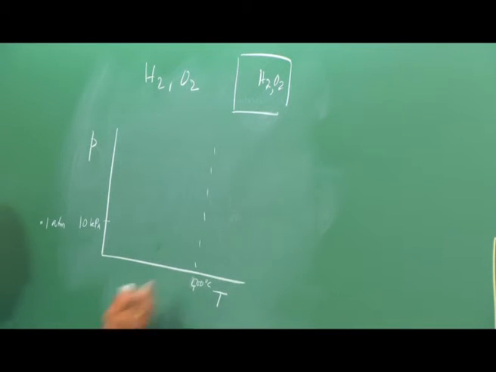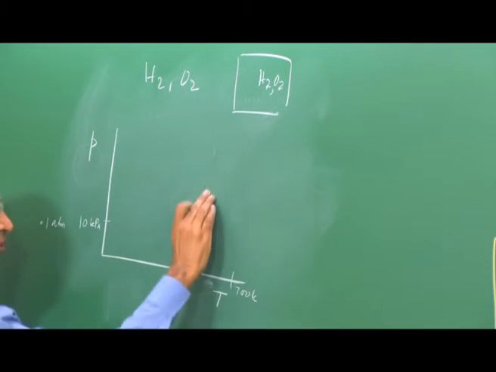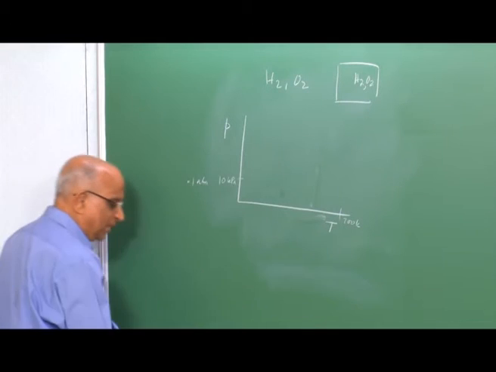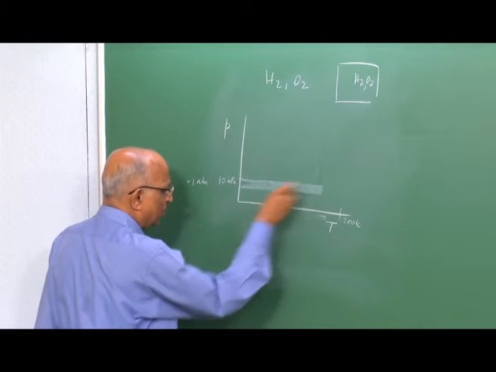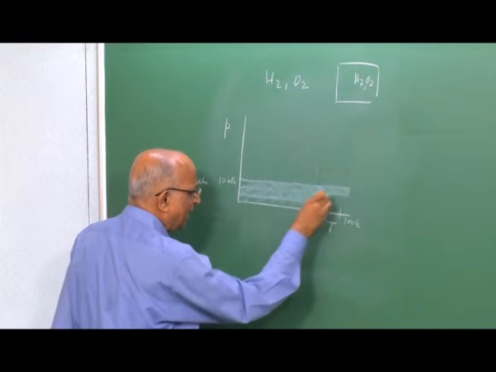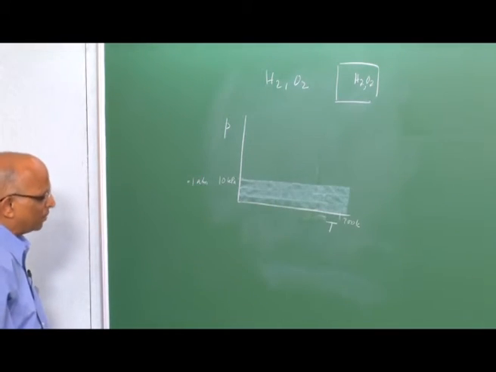Let us keep this in mind. In Kelvin, I am interested in a temperature of around 700 Kelvin. This is my region of interest. If I am basically interested in the low pressure region, that is subatmospheric pressures, can I say under what conditions an explosion will occur in this particular region?